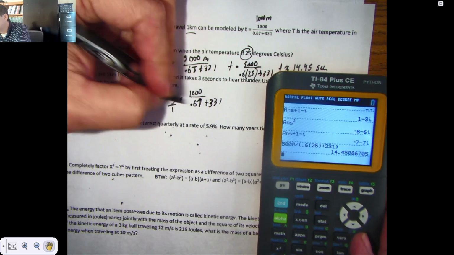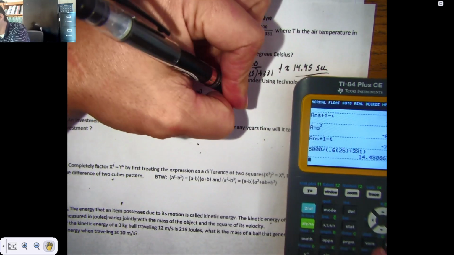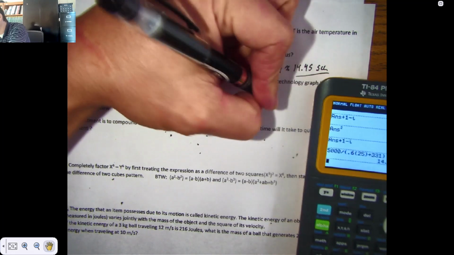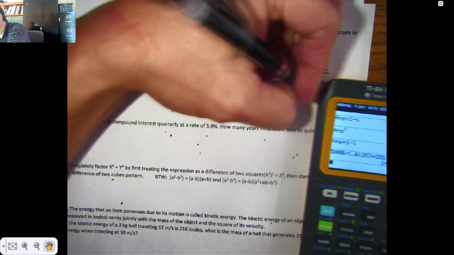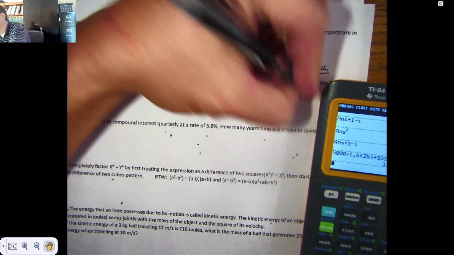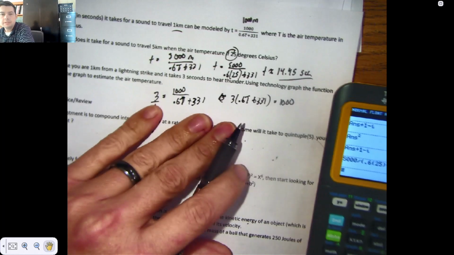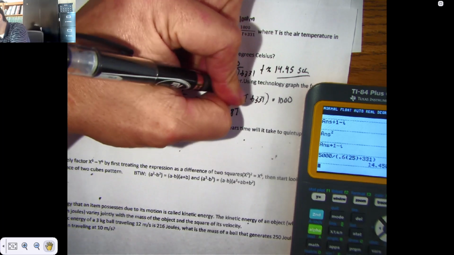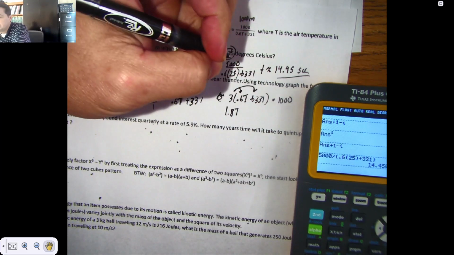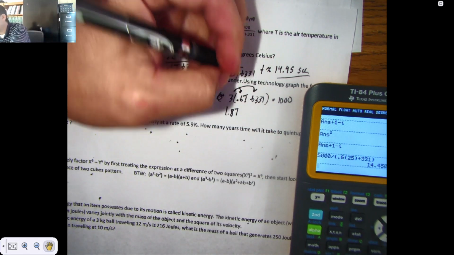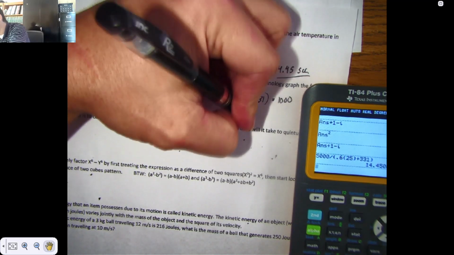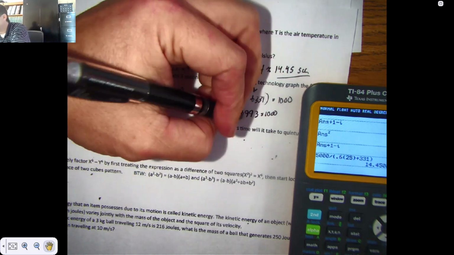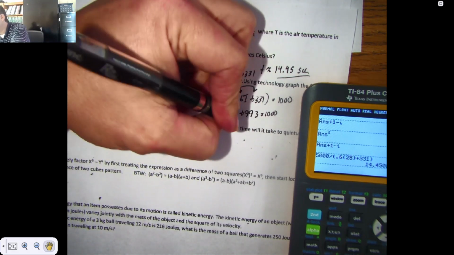So 3 times 0.6T plus 331 is 1,000. 3 times 0.6 would be 1.8, because I'm going to distribute in. 3 times 331 would be 993. Equals 1,000. 1,000 minus 993 would be 7.